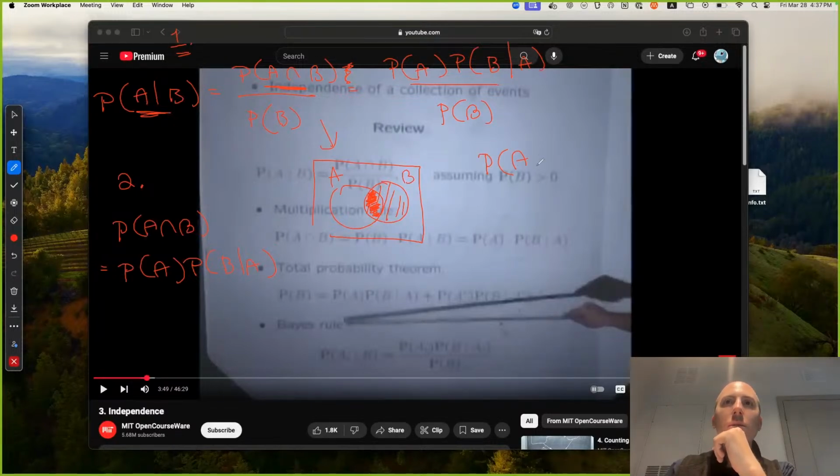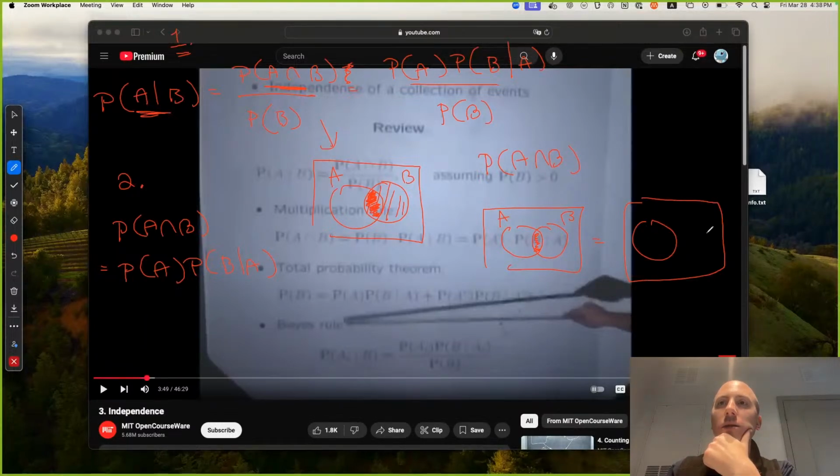But now you have the probability of A intersect B, and we're starting with the intersection here. What is this in terms of conditional probabilities? Well, you start with A, and then you crunch it down.